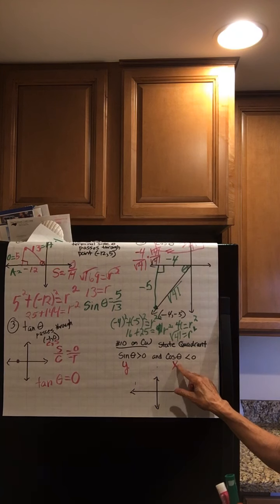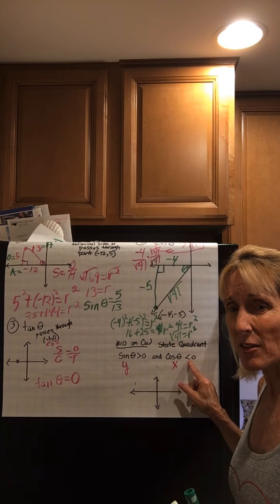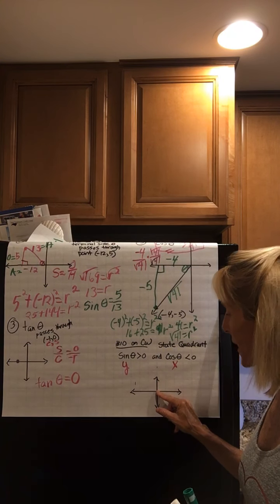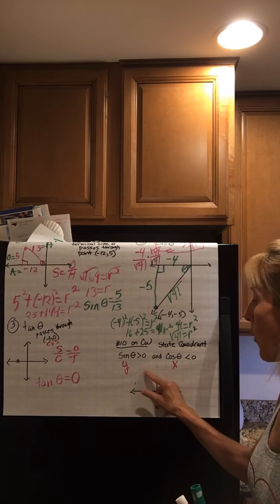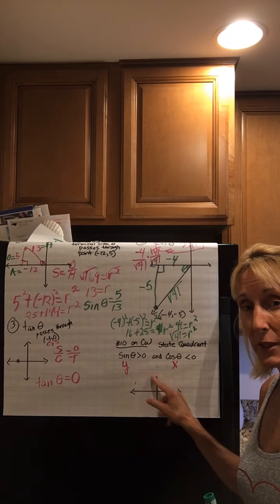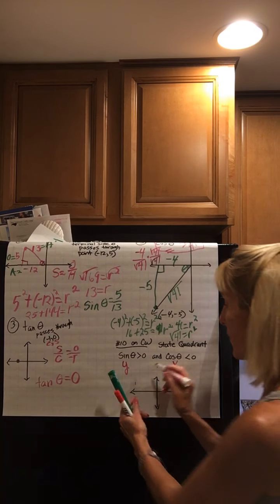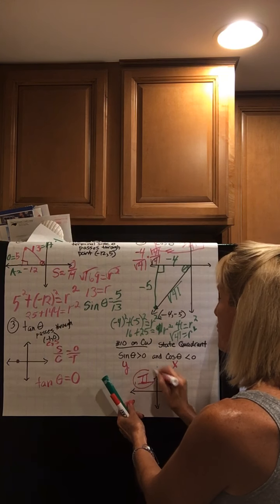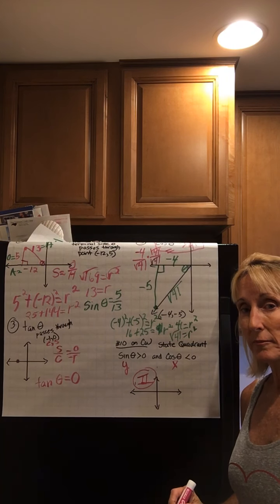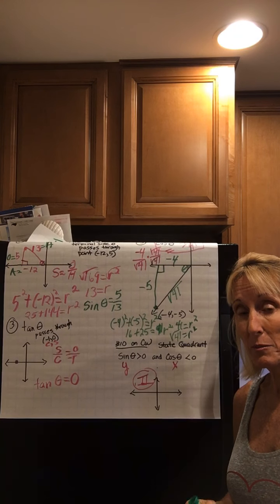Then where are my x's negative? Well, my x values are negative if I go left. So if I go up and left, what quadrant is that in? Well, obviously, it's in quadrant 2. So that satisfies both of my restrictions right there. And that's your answer. That's it, peeps.